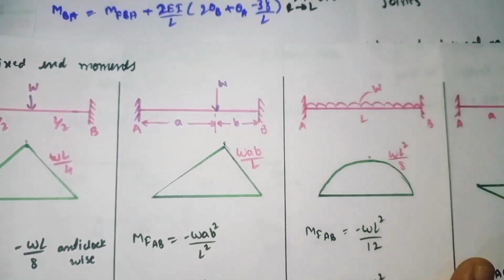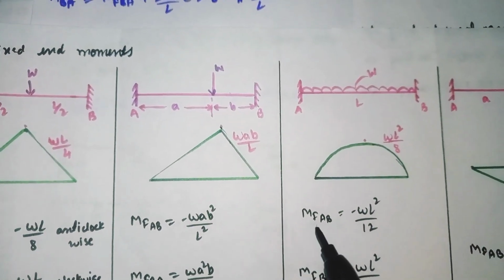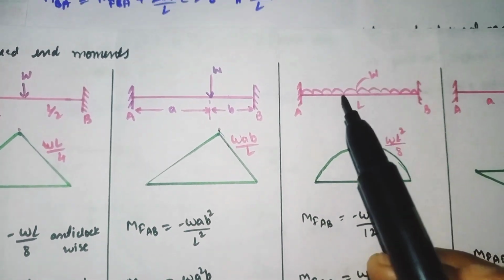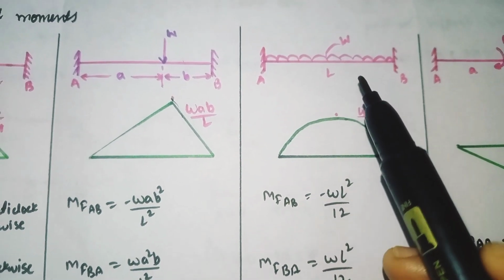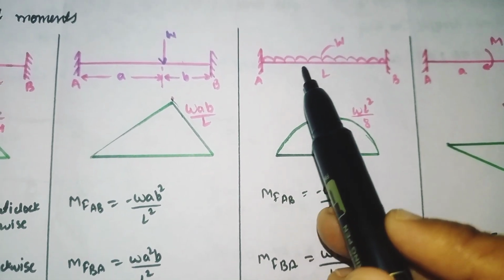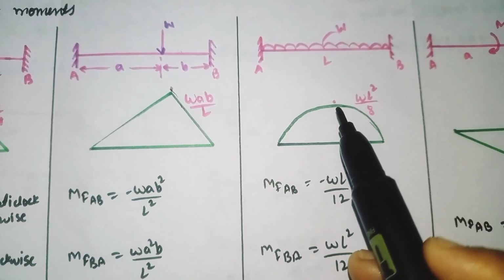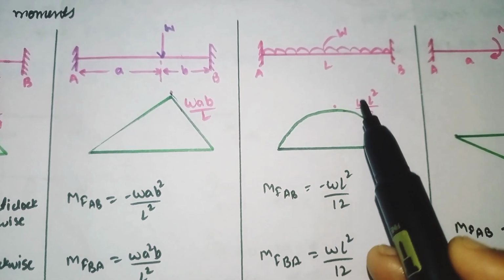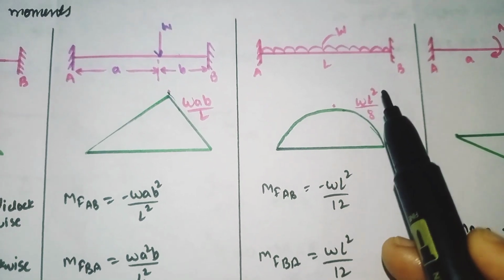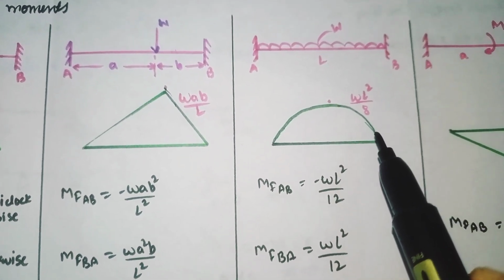So next we'll see the fixed end moment for this kind of beam. Coming to this kind of beam, a UDL is acting. The bending moment diagram will be a parabola. To find out this maximum height, we need to apply the formula WL square divided by 8.